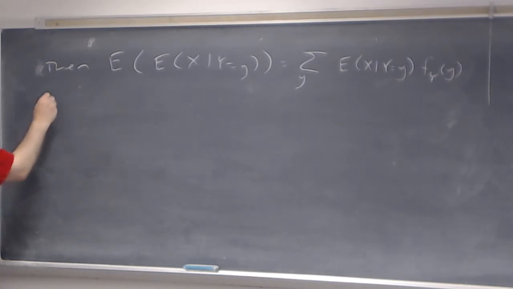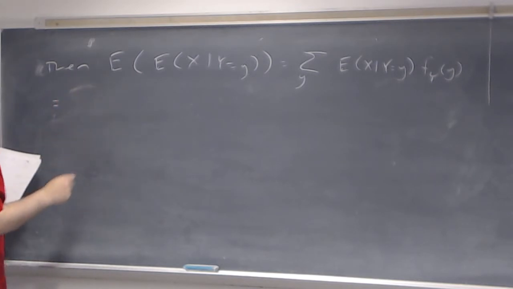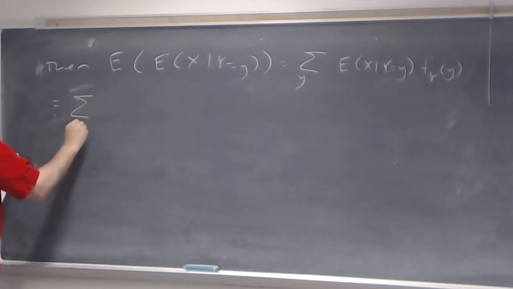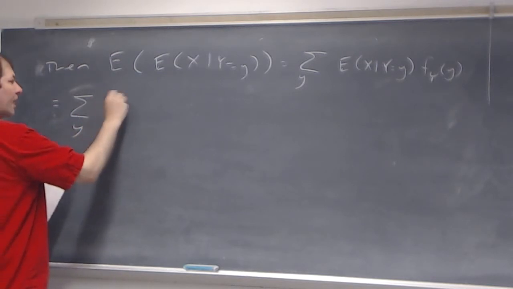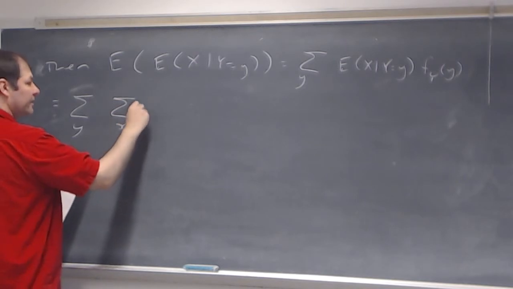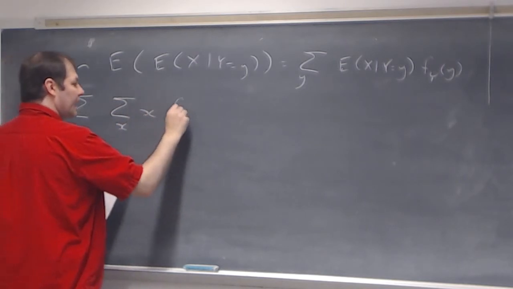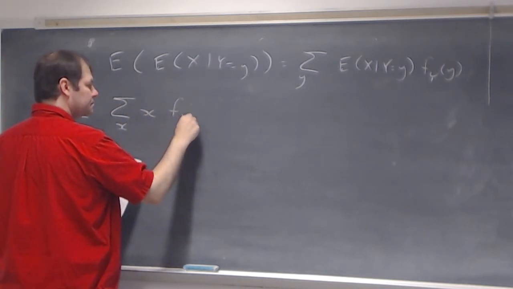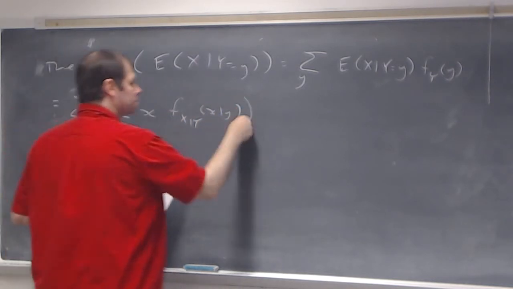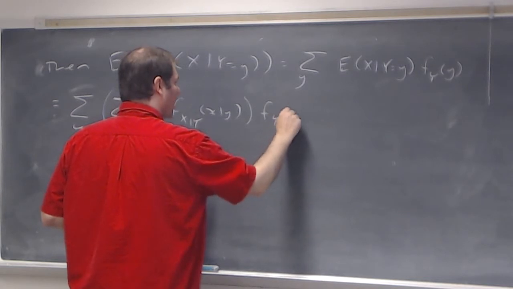And here, we just replace the expected value of x given y by its definition. So it's the sum over all y values, and here I'm going to write the sum over all x values of x times f sub x given y of x given y, and then times f sub y of y.